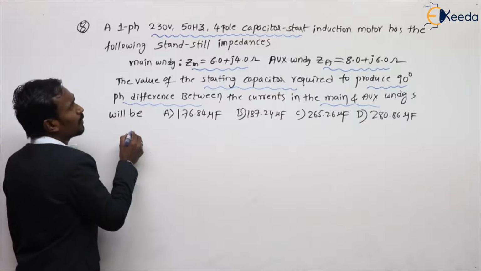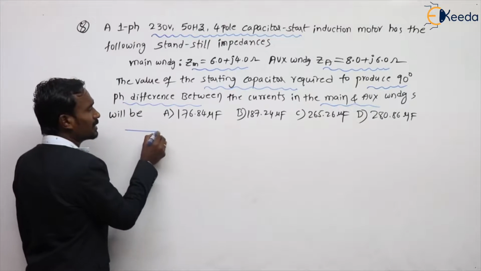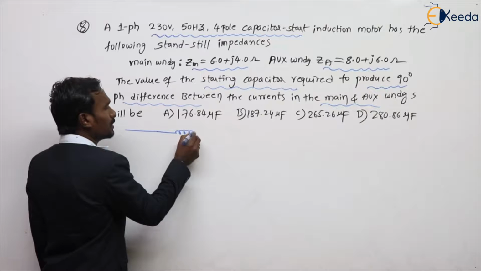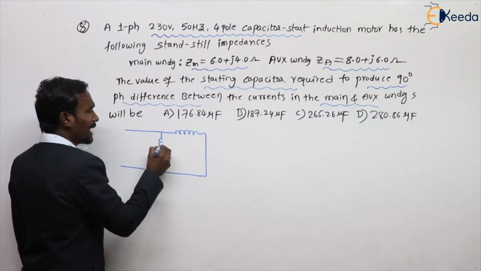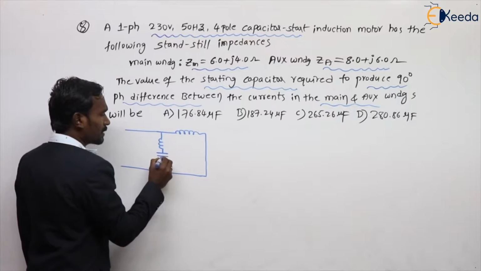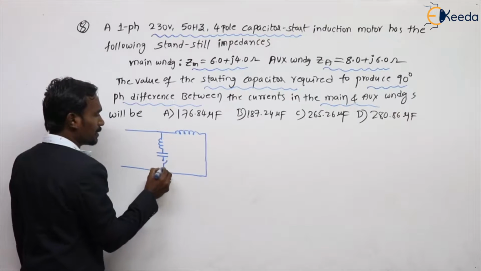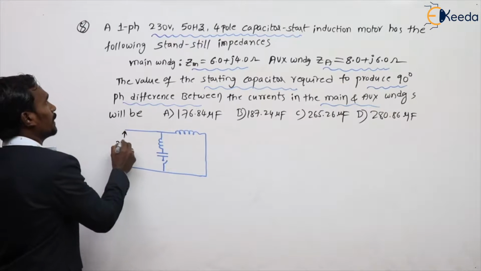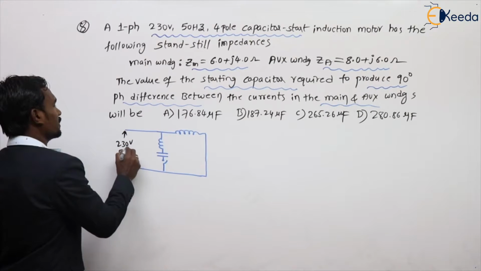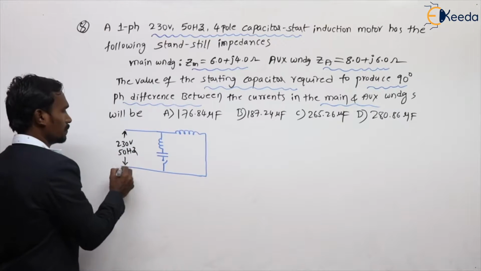Let's see here, for example, this is a capacitor start induction motor, right? This is my main winding and this is my auxiliary winding. Here capacitor is connected because this is a capacitor start winding, and here we are applying 230 volts 50 Hz supply source.